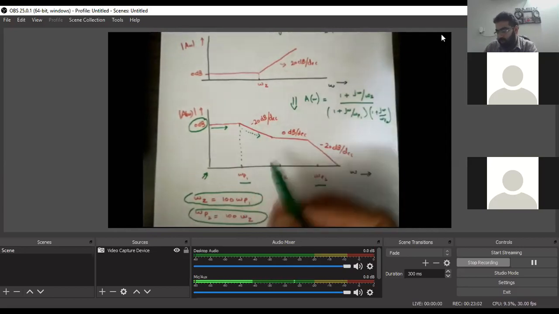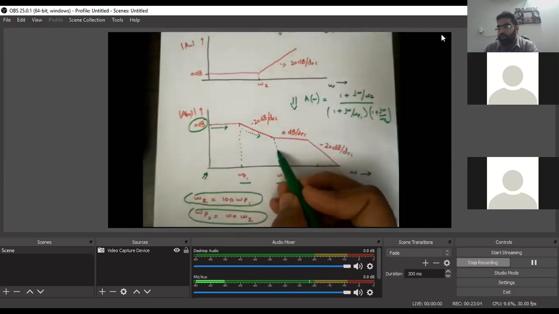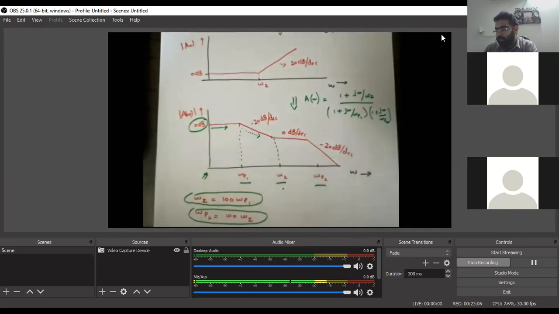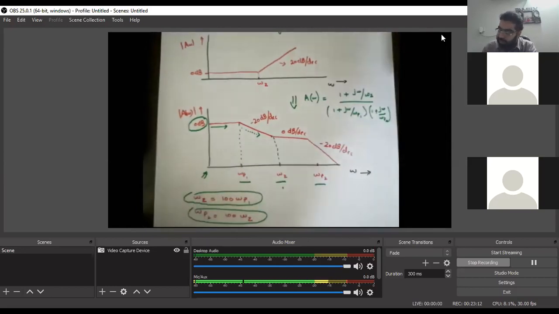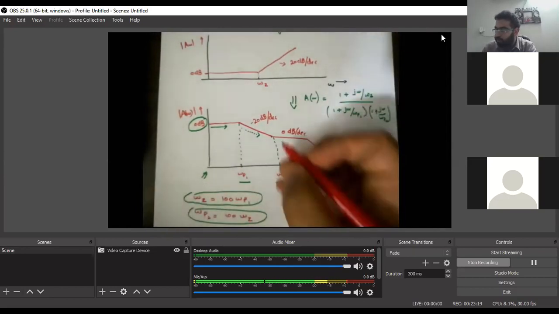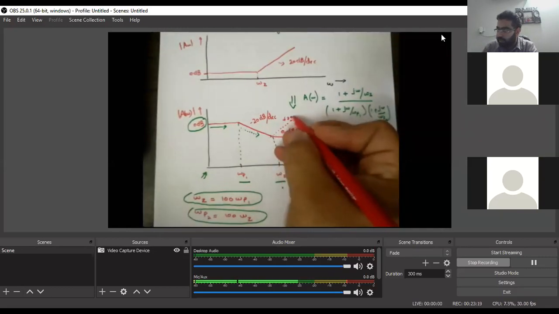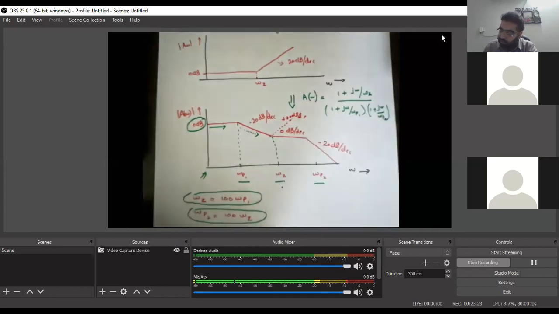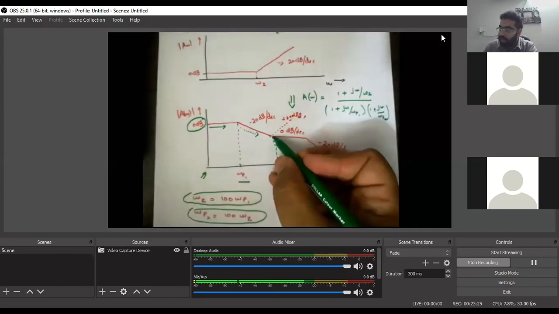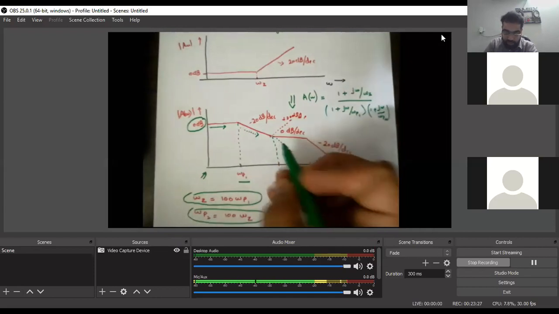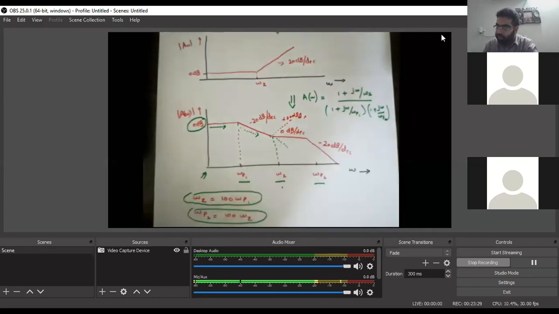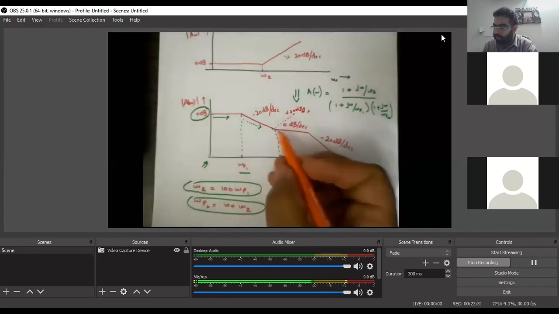So this is the omega z point. As soon as it reaches omega z, the minus 20 dB per decade will in reality meet a slope of positive 20 dB per decade. But this positive 20 dB will be cancelled out with the factor of minus 20, and ultimately we will be left with 0 dB per decade.